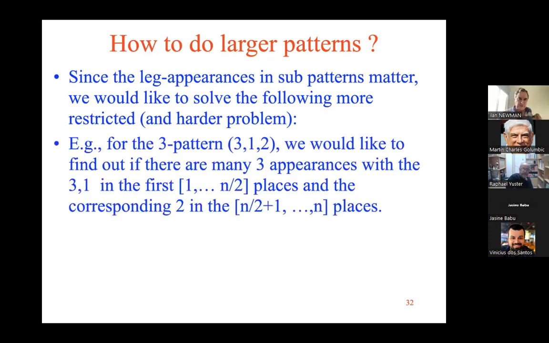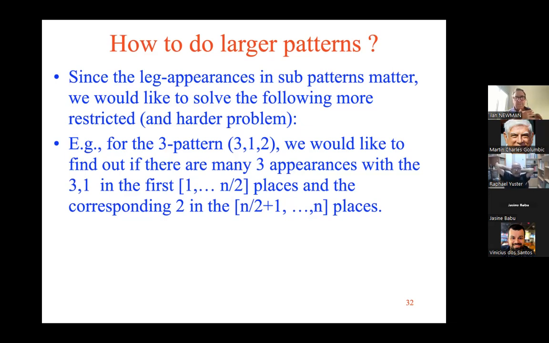So let me try to explain to you what this problem is. Think about even a much simpler case, just a 3 pattern, not even a 4 pattern. So in a 3 pattern, I'm just looking for, say, this pattern 3, 1, 2. I'm looking for 3 points, a maximum, a minimum, and then to the right, a value in between. So it's a 3, 1, 2, right?